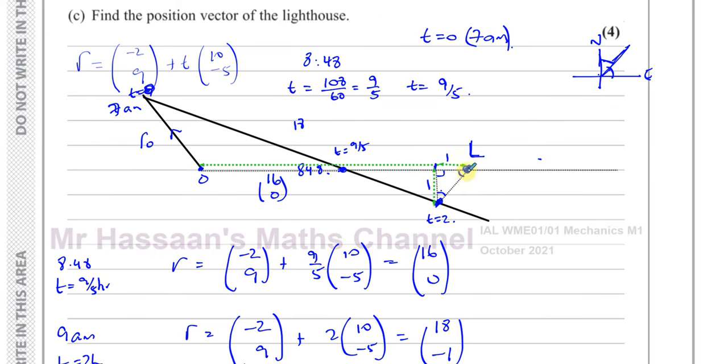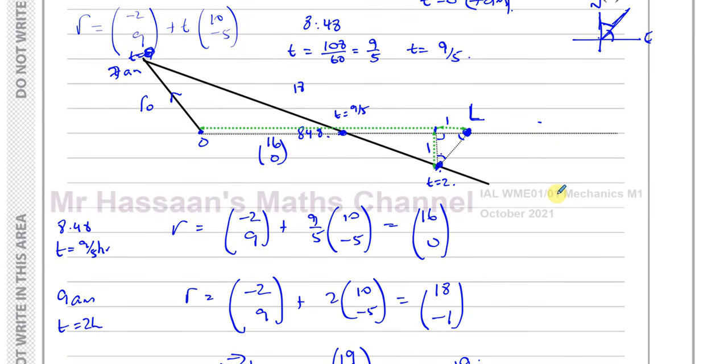So if we go 1 up, it's going to join this line again, so that's 18 plus another 1, which is 19 from the origin. I hope that's clear. That's the way I could think of explaining this in a relatively simple manner. There are probably some vector methods to also find this.